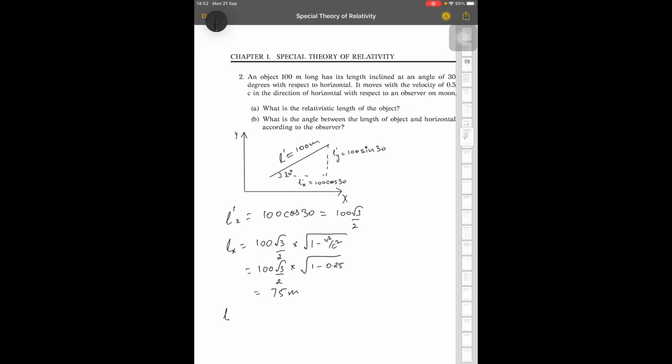Now Ly will remain equal to L dash y, which is equal to 100 sine 30 degrees, which is equal to 50 meters.